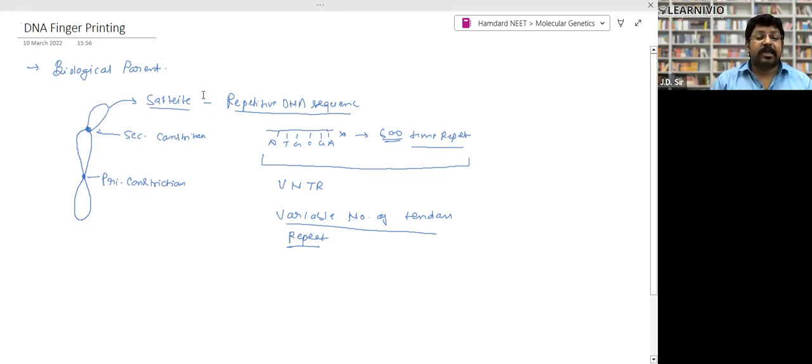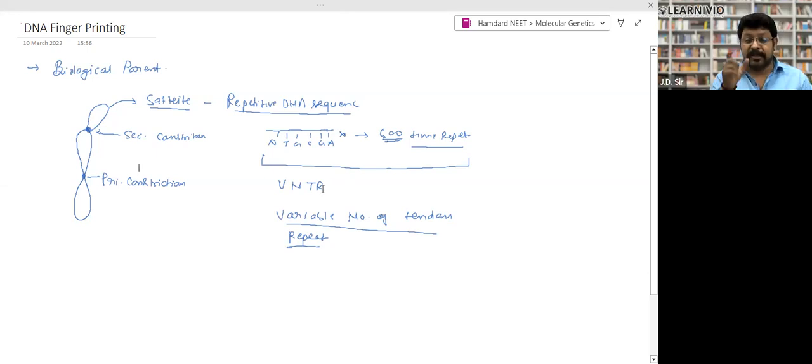The specialty of the satellite part is that it has repetitive sequences of DNA, multiple repetitive sequences. Suppose there is a gene which is repeated 600 times, right? These repetitive sequences are called VNTR, right?